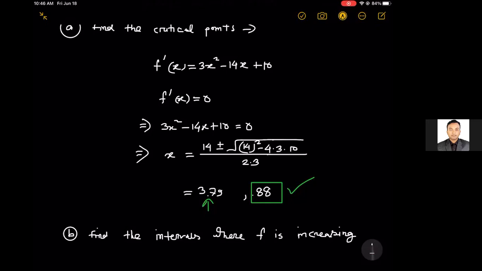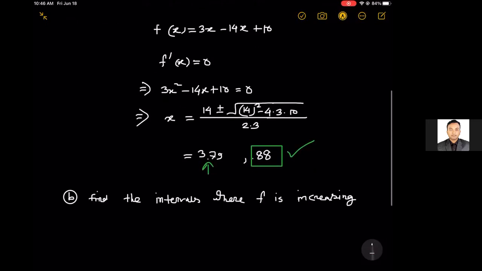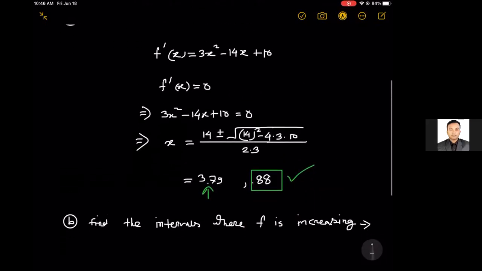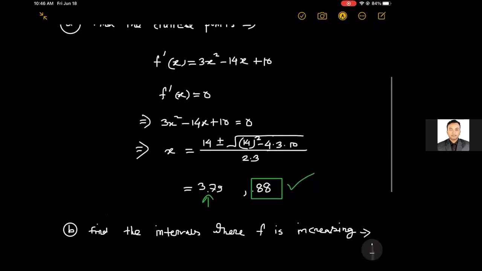Now what should we do? Let me ask you, how can we find where the function is increasing? I'm going to say whether the derivative is greater than 0. Very good. So we need to find where the derivative is greater than 0.